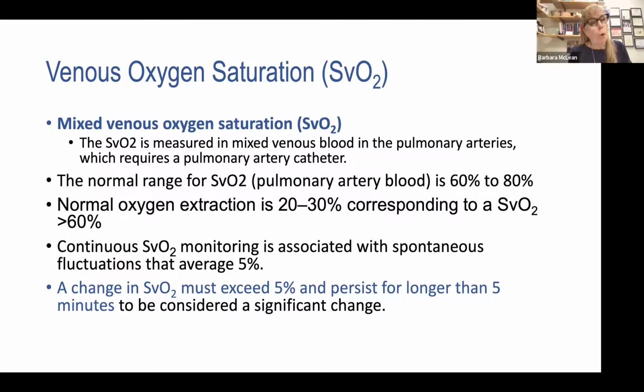So what's so important for us to appreciate about the SvO2 is that it is a very excellent measure of what the total body is using in terms of oxygen.